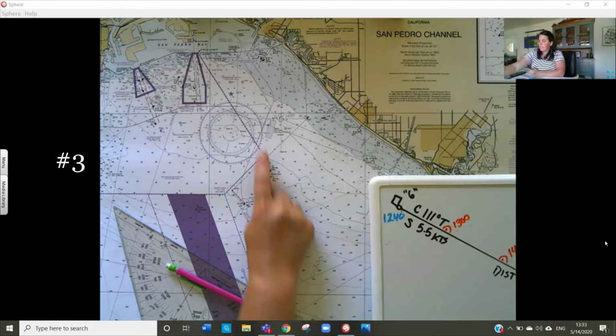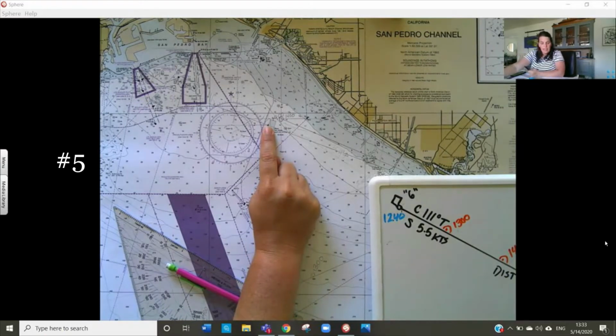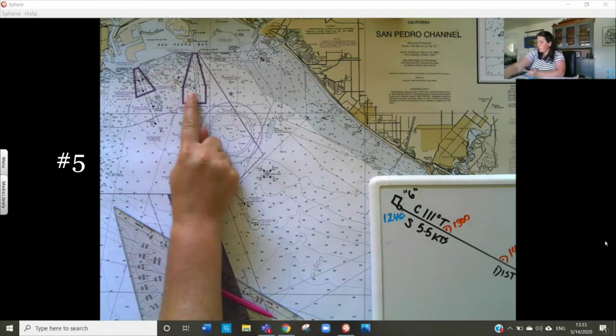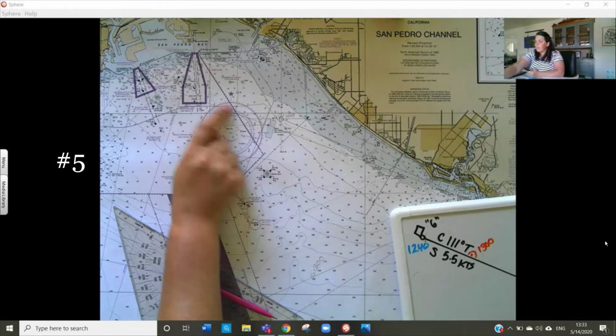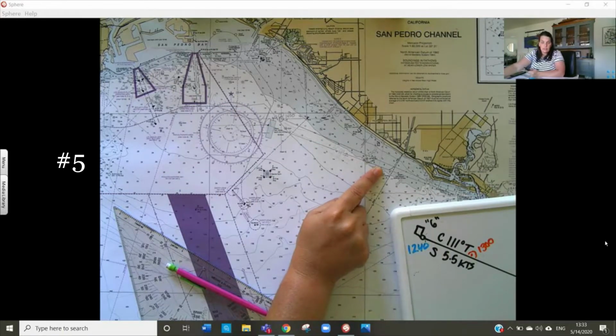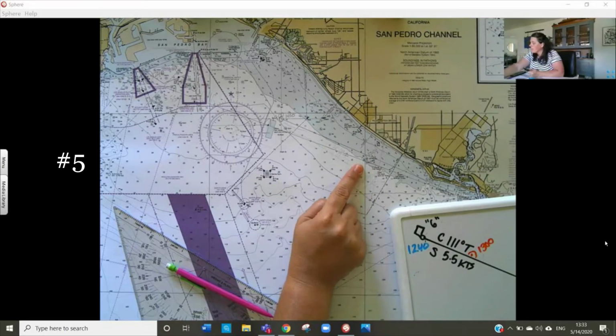So that's my position. And then it asked me, as we made our track line, do we see any possible hazards along the way? And down here we see a wreck that we want to be careful of. So that is going to be our hazard, and we want to see what the position of that hazard is.